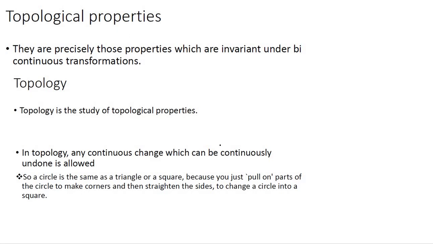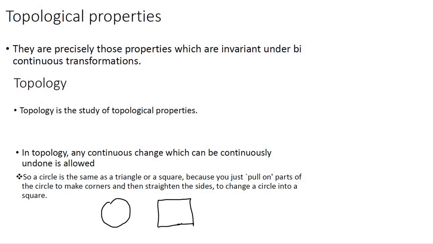In topology, any continuous change which can be continuously undone is allowed. In the case of geometry, a circle, a square or a rectangle are not equivalent. But topologically, they are equivalent.